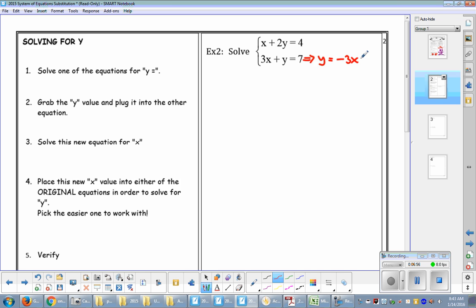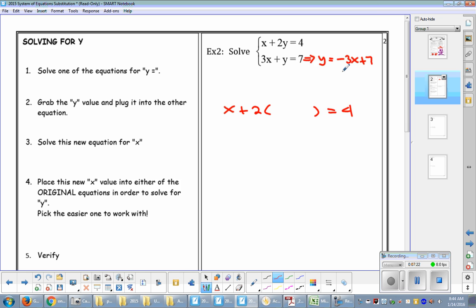Negative 3x plus 7. So I'm going to use this y value and plug into my first equation. So I have here x plus 2y equals 4.